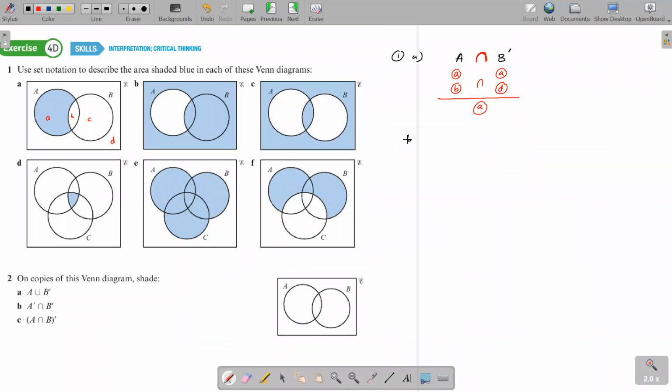So guys, moving on to part B. In part B, you can see that when it comes to circle B, you are completely taking circle B, right? And you're not taking a certain part inside circle A, but you're taking the parts outside of it, right?